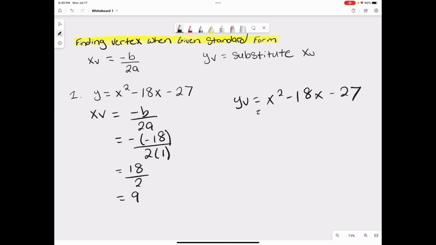So now wherever we see an x, we're going to put a 9 into the equation. And then 9 squared is 81, negative 18 times 9 is negative 162, then minus 27.